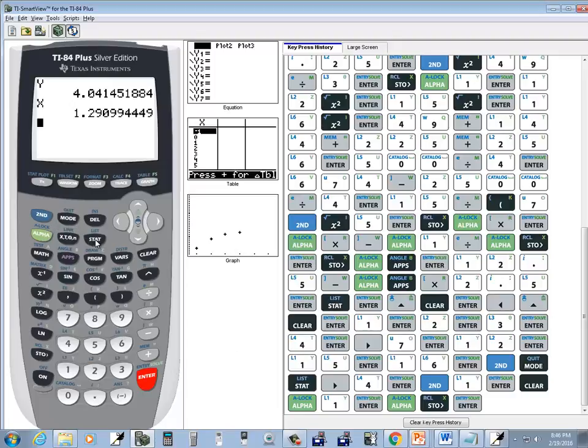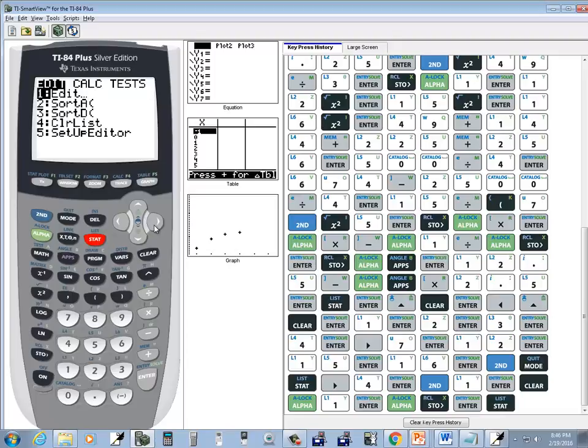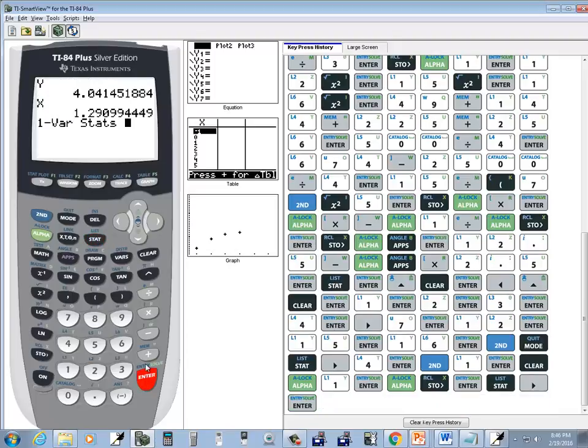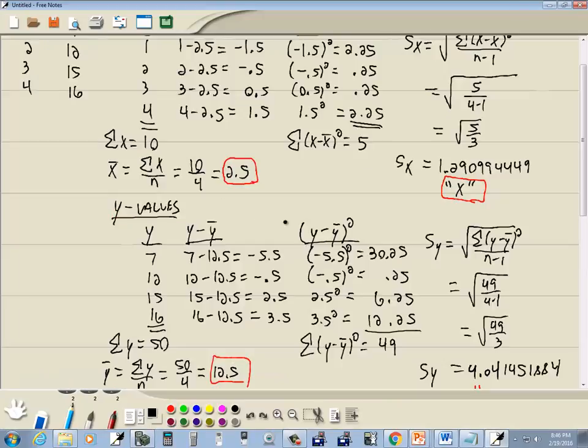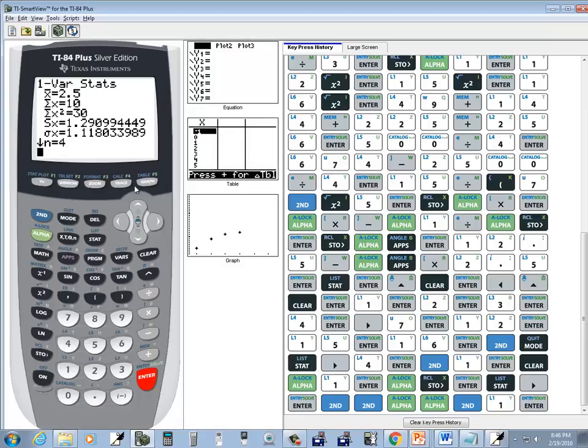So if I do stat, right arrow calc, 1 bar stats, and then do second one. 1.29. Okay, that's right. Now let's do 1 bar stats again.